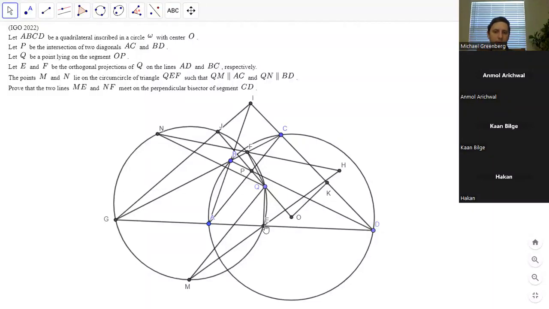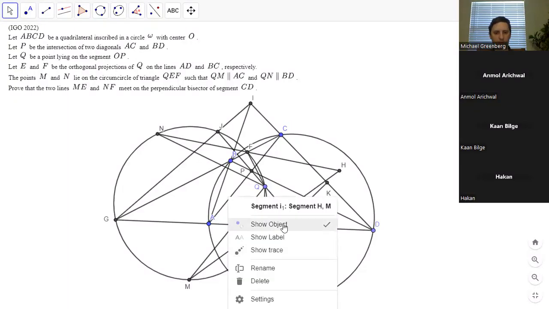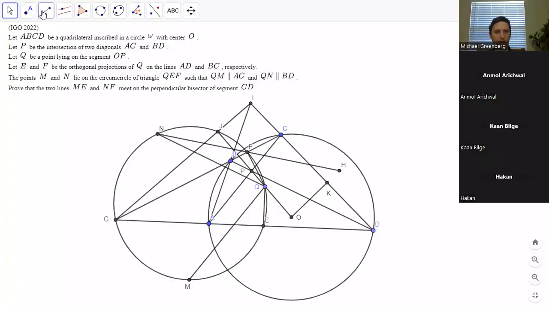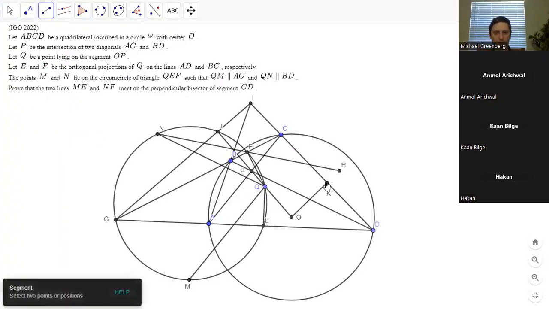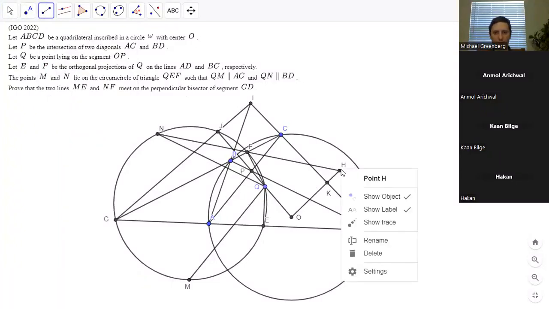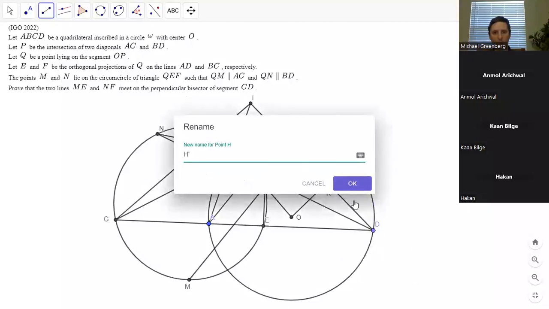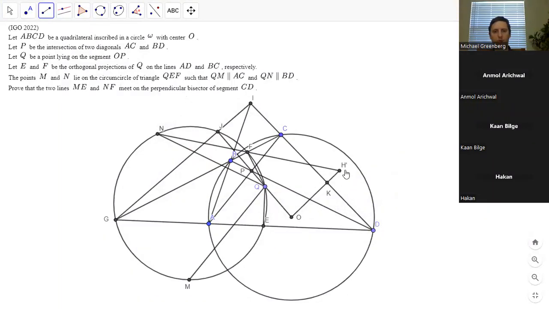Or it's probably easier to do it the other way: let NF meet OK at H prime and let ME meet OK at H double prime and show that those are the same point. So maybe I could use ratios or something. Say I did that, maybe I could show OH prime equals OH double prime or something.